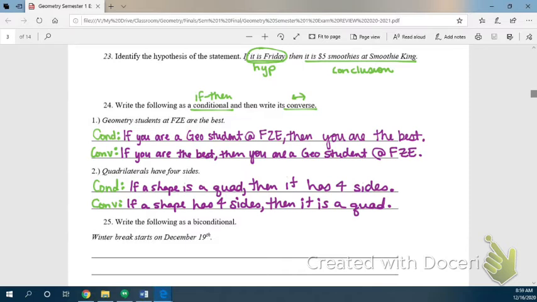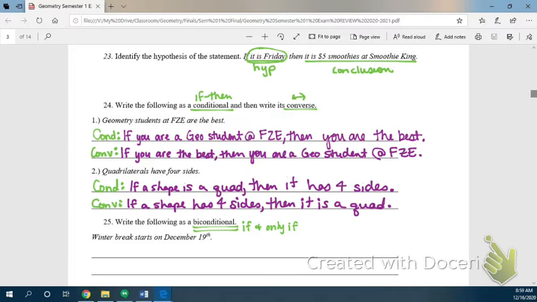The biconditional is next, and biconditional is when you have both statements that are true, and you'll have if and only if in there. So winter break starts on December 19th. The conditional would be if winter break starts, then it is December 19th. The converse would be if it is December 19th, then winter break starts.